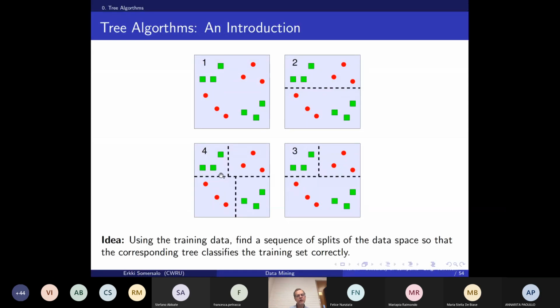So now the question is, how do we do the splitting? Here I just drew these lines, and it was easy for me because I had two-dimensional data, so I'm just looking at the data. When you have 700-dimensional data, you cannot look at the data like this.